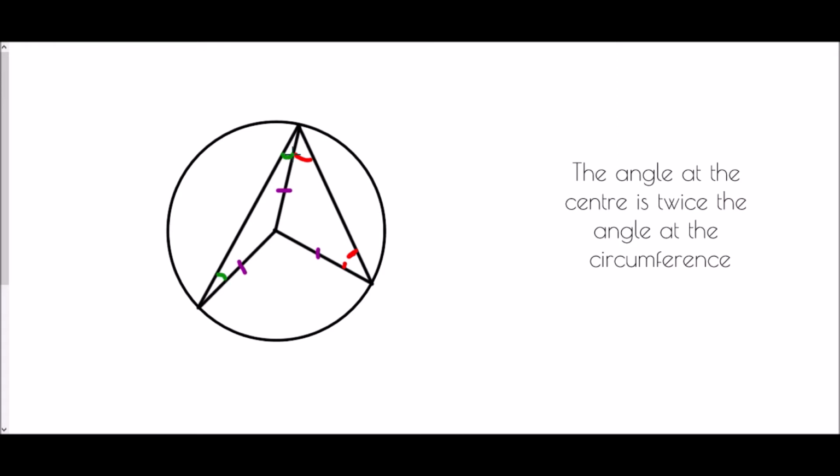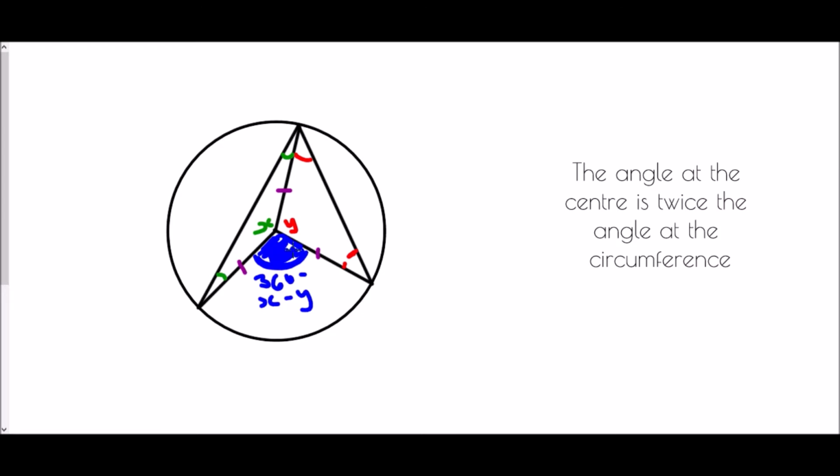Now, if I call this angle here x, and I call this angle y, then the angle at the centre here would be 360, take away x, take away y. That would be the size of the angle at the centre of the circle.